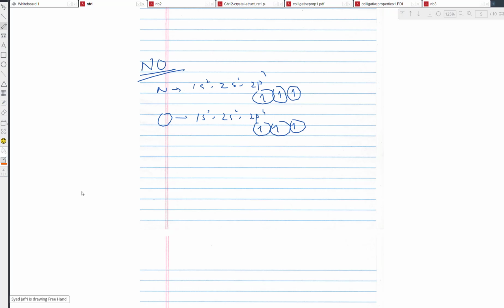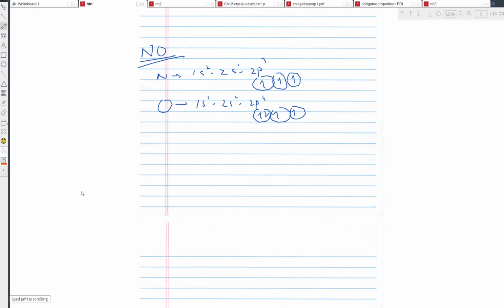Now I want you to write the molecular diagram and configuration for NO. You can skip the 1s and 2s, they are going to balance each other. So I'm just going to use 2p3 for nitrogen and 2p4 for oxygen.